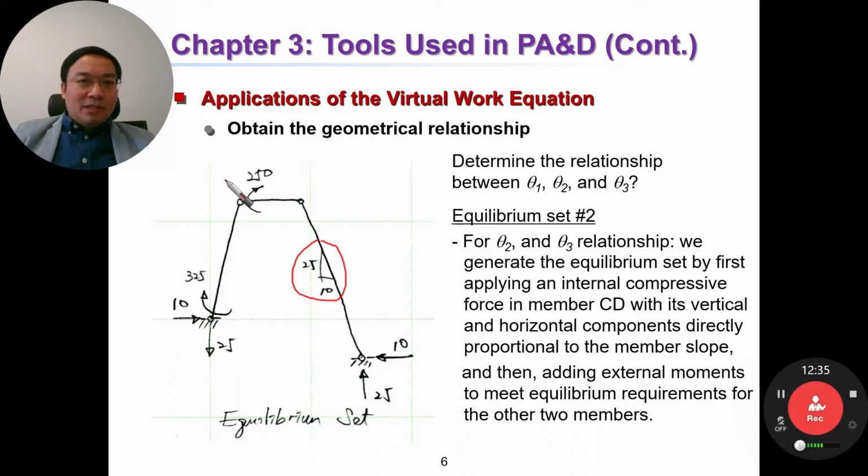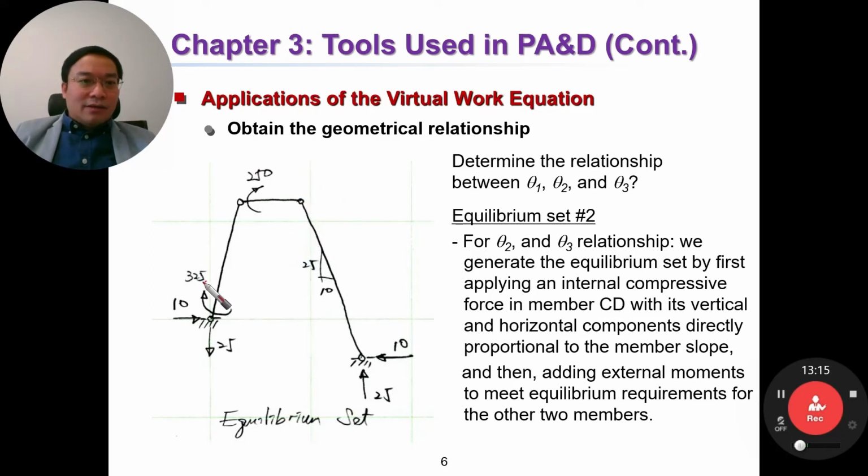So for the member BC, the moment here is 250. And the reaction here, you can calculate, or you can use it is 10, and maybe here is 25, but compression, so it's like this, for example.